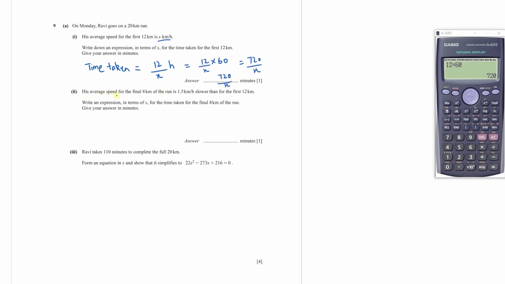Part 2 is, his average speed for the final 8 kilometers of the run is 1.5 kilometers per hour slower than for the first 12 kilometers.